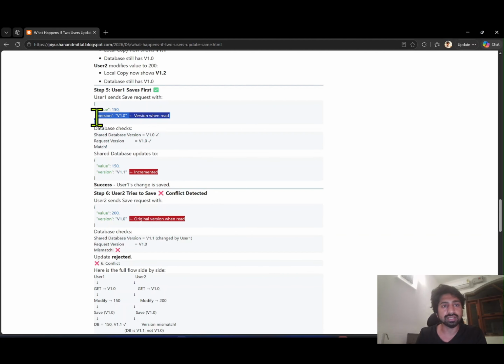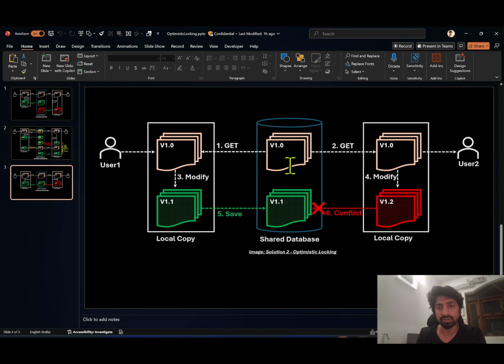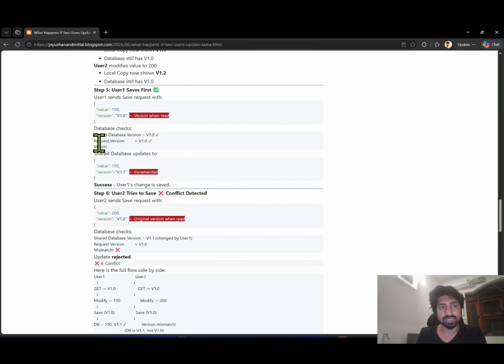So user one tries to update the record, and what happens at the backend is it matches the version it has with the version that particular record has in the database. When it read that particular record from the database, the version was 1.0. So it has version 1.0, and it matches that against the database version.